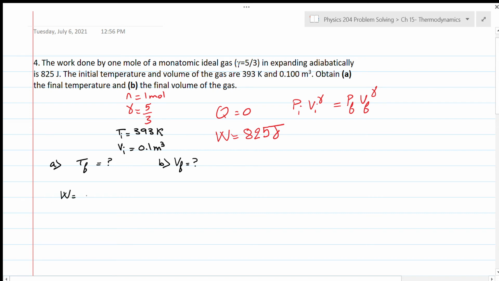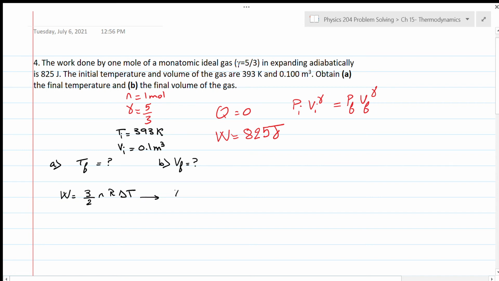So obviously we're given the work, and since we have this monoatomic ideal gas, then this will be 3 over 2 nR delta T. We're using this formula because we're given the temperatures and we're not given any pressures or volume. So now let's rearrange this to get T final.